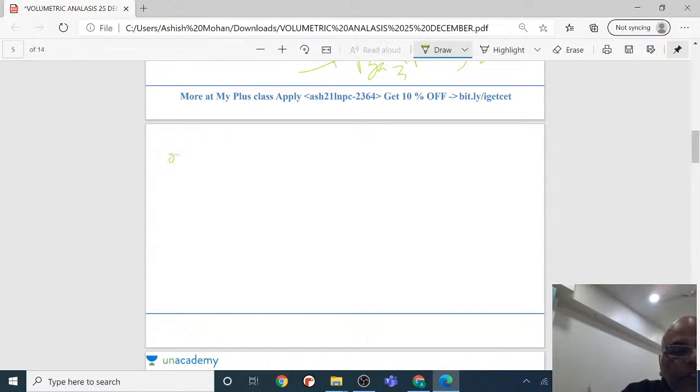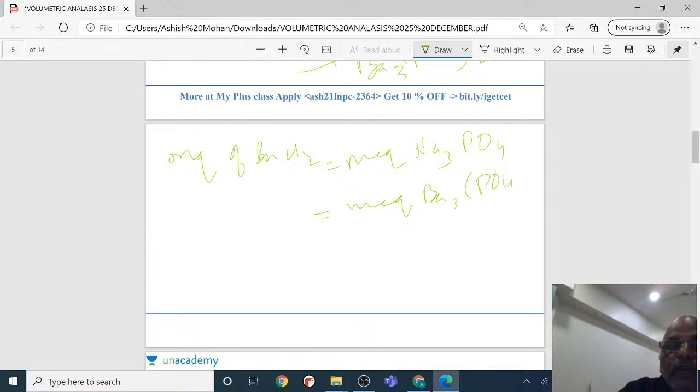That means milli equivalent of BaCl2 will be equal to milli equivalent of Na3PO4, will be equal to milli equivalent of Ba3(PO4)2.